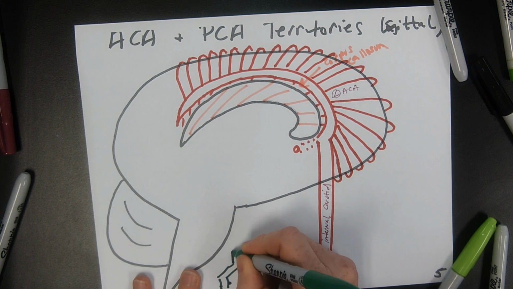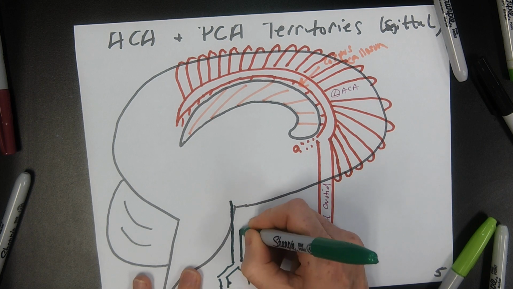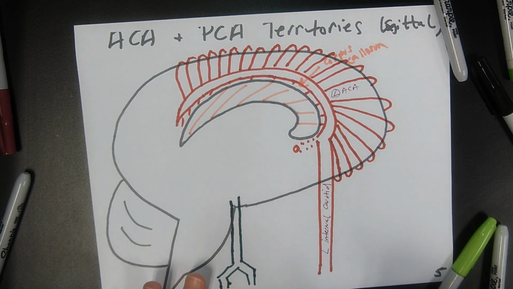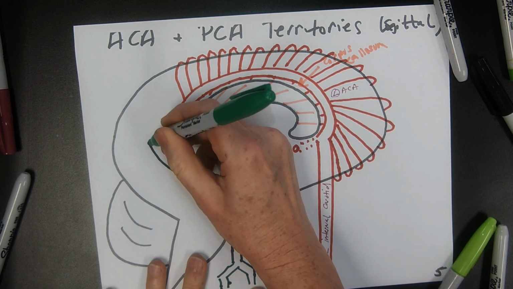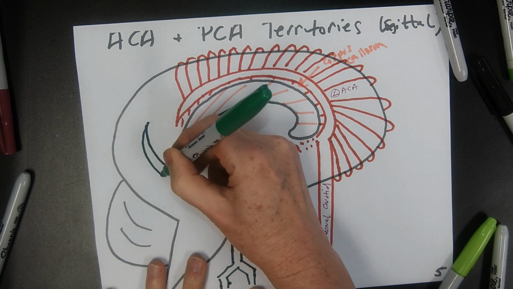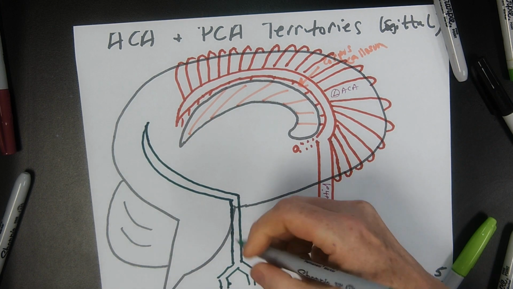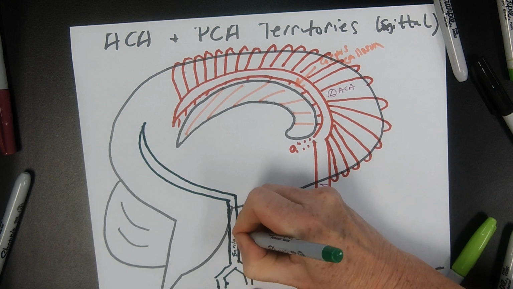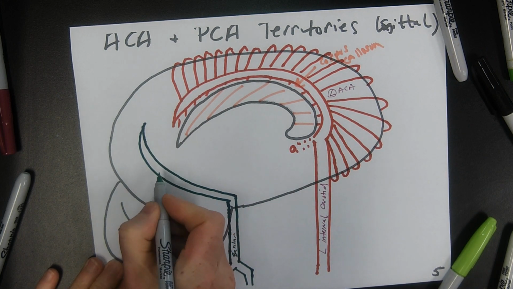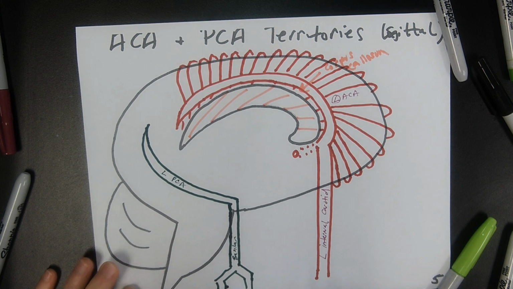It's going to run right up along here on the pons, and then just above the level of the third cranial nerve, we're going to come back, and we're just going to look at the left portion. Okay, so this is your basilar. And then this is going to be your left PCA, posterior cerebral artery.